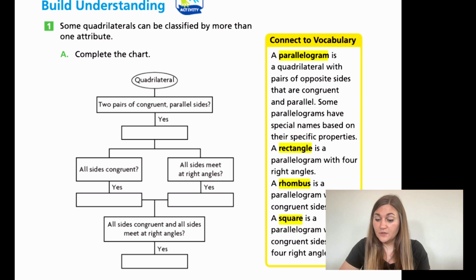So if you have the biggest shape, then under that umbrella or that bracket, if all the sides are congruent, what is that called? And then if every single side is at a right angle, what is that called? And then all sides are congruent, all sides meet at right angles, what is that called?